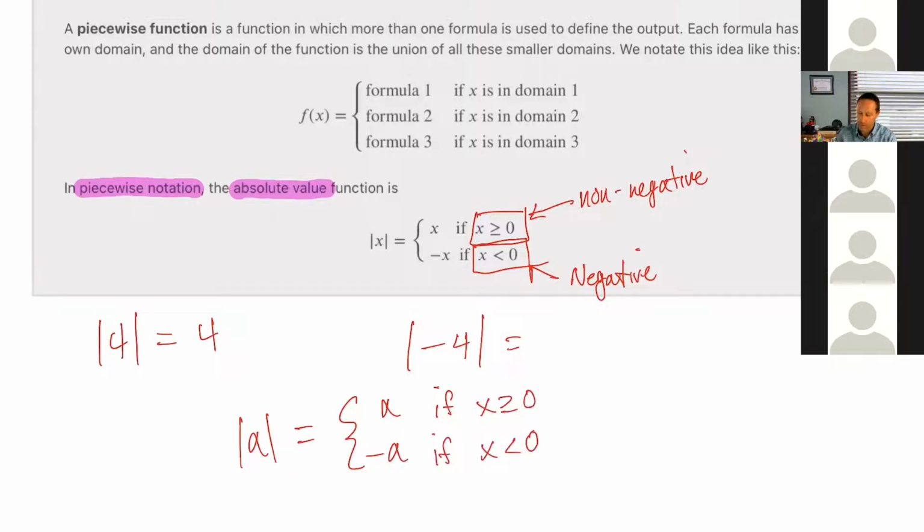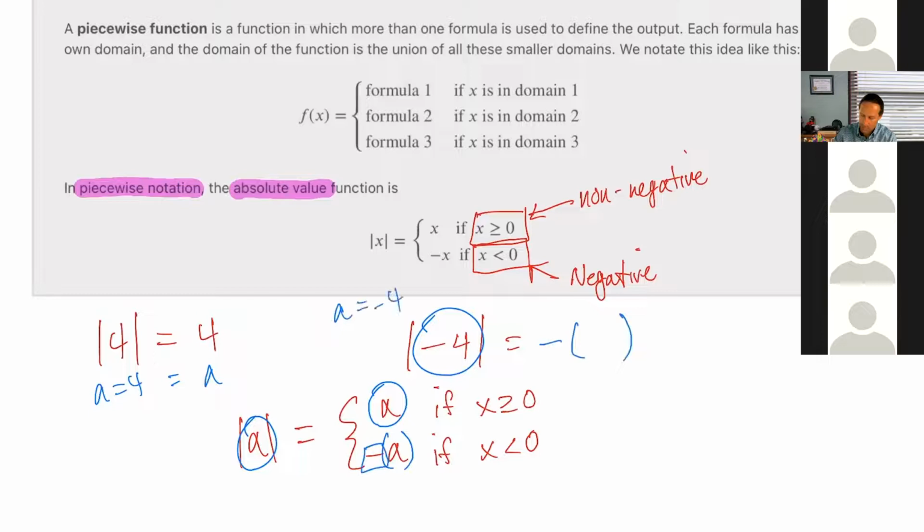So according to this definition, whatever this A is, if A is equal to 4, then you're going to get out your A. But if A is equal to -4, it's saying you're going to get negative your A. And what happens when you take the opposite or a negative of a negative?